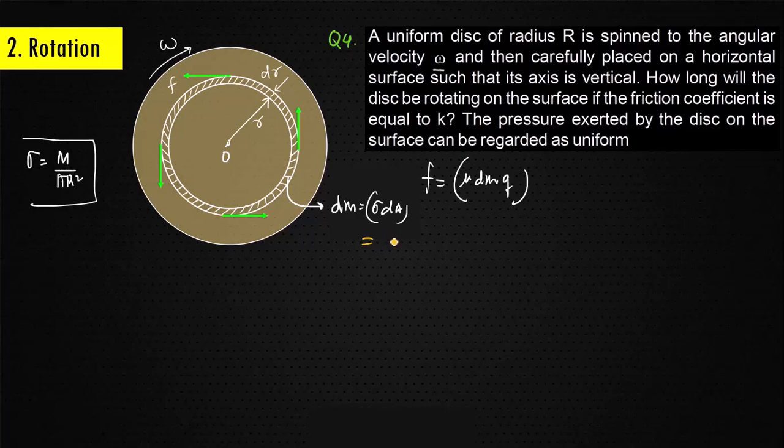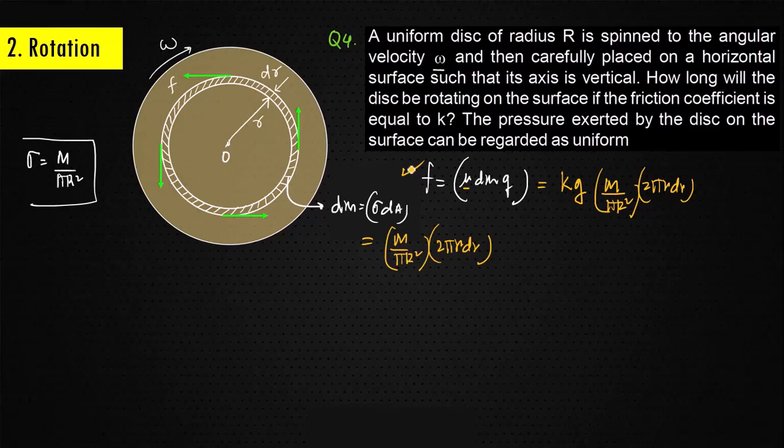That is m by pi R square, the sigma, into 2 pi small r into dr. That is the dm. So correspondingly, the friction is equal to mu, mu is given as k, k into g into dm. So dm means m by pi R square into 2 pi r dr. That is the dm.